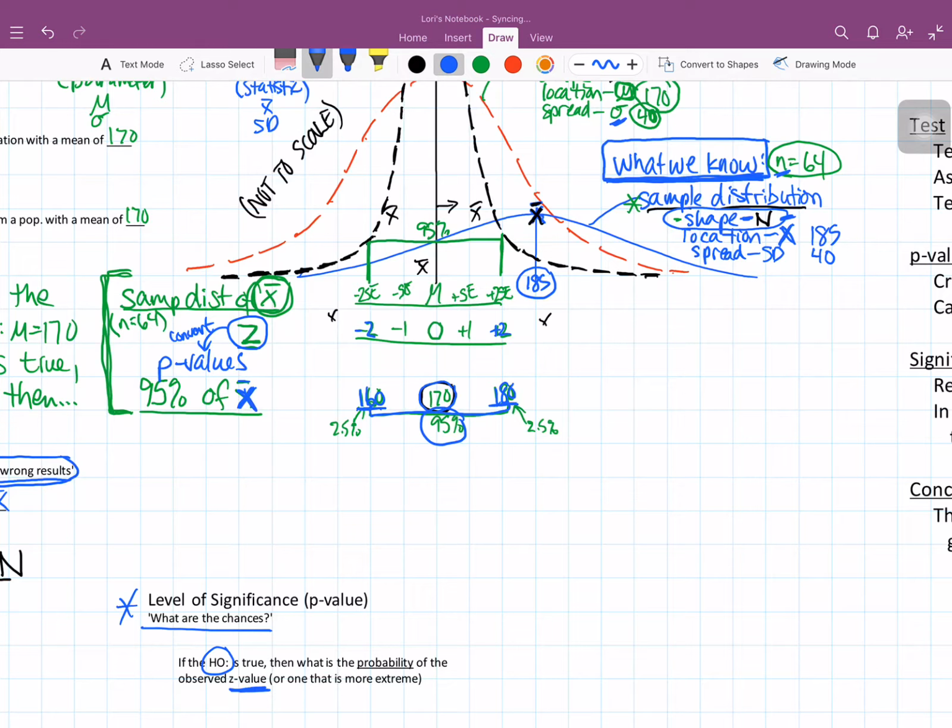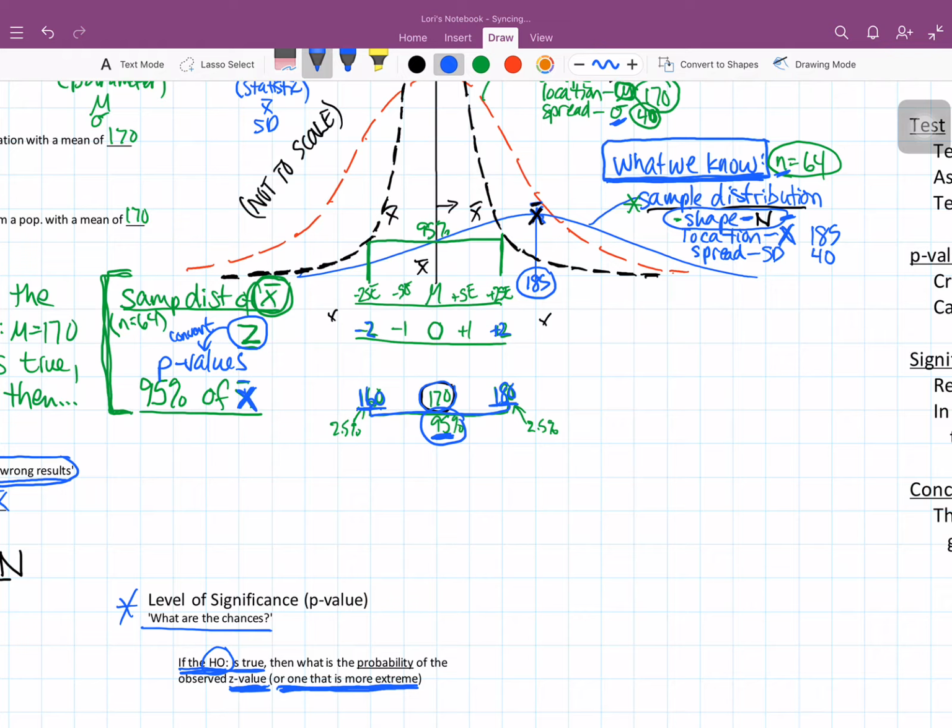And so that's what we're saying down here. If the null hypothesis is true, then what is the probability, or the percent of time, that the observed z-value will occur? Now, we know about this 95%, so I'm going to try to get you to think about this a little bit intuitively. That z-value, or one that is more extreme. And when we're doing a two-tailed test like we are here, what we mean by more extreme is that the absolute value of that is more extreme.